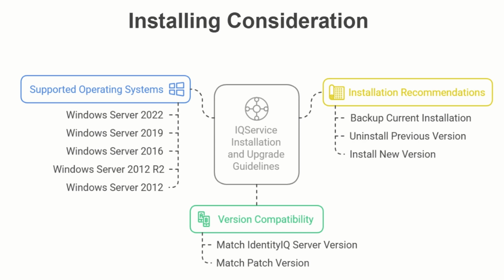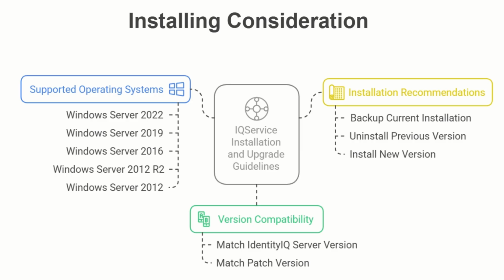You need to uninstall the current version and go for the newer version if you are upgrading the IIQ application. Let's say you are on 8 and going to 8.2 or whatever the version, each version has its own IQ service. Then you need to unzip it and follow the same process which you follow for installation.